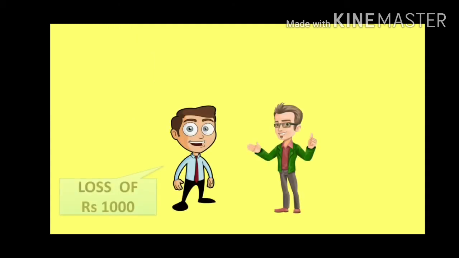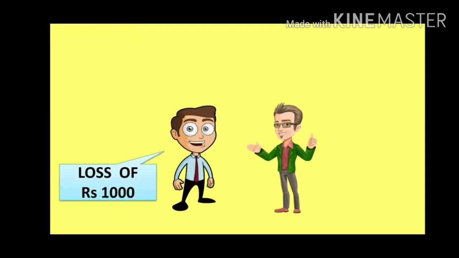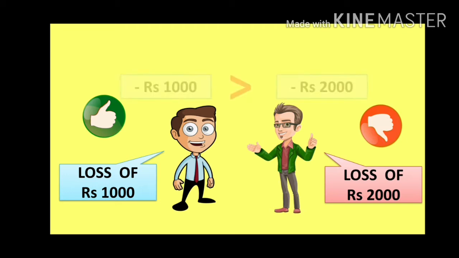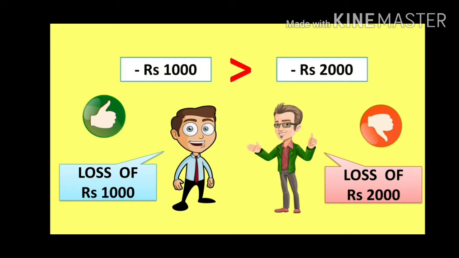Next, suppose John has got a loss of 1000 rupees and Jam has got a loss of 2000 rupees. Now let's see who will be happier. Obviously here John is happier because he has got a smaller loss. He has got a loss of only 1000, but Jam has got a loss of 2000 rupees. He has got more loss. So minus 1000 is greater than minus 2000.